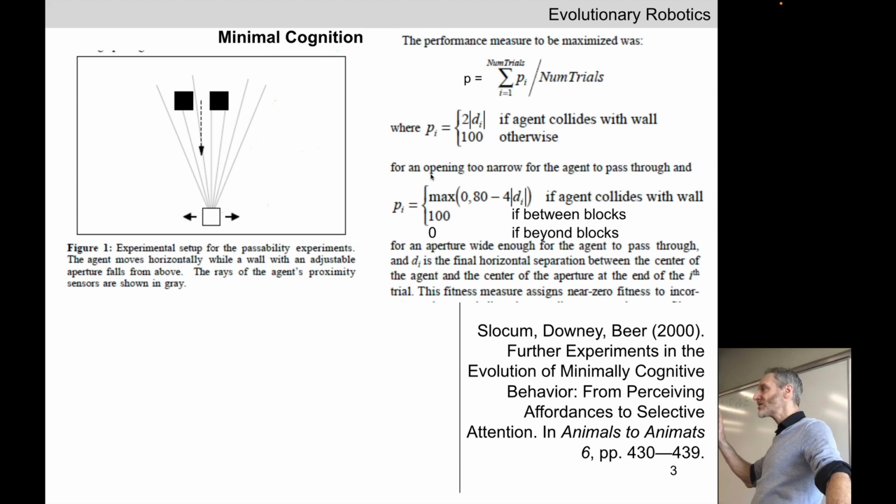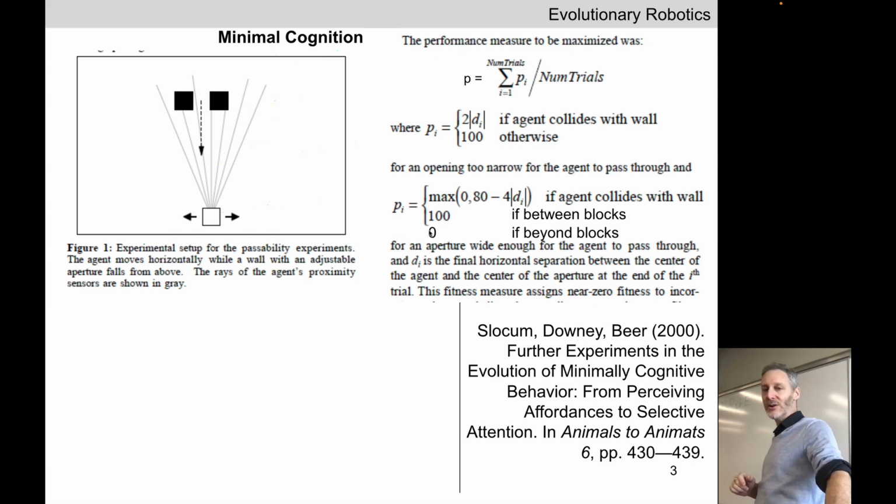So there's two possible environments. There are environments in which the aperture or the gap between the pair of objects is too narrow for the object to pass through, and they're going to compute P sub I using this. In that case, if the aperture is wide enough, if the affordance is passable, they're going to use this equation to compute P sub I.